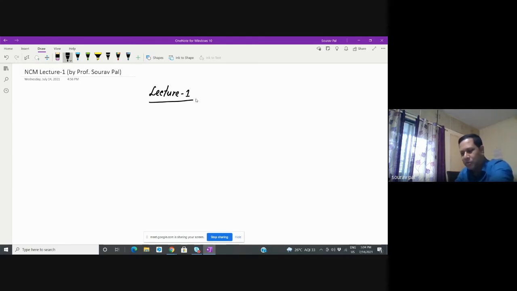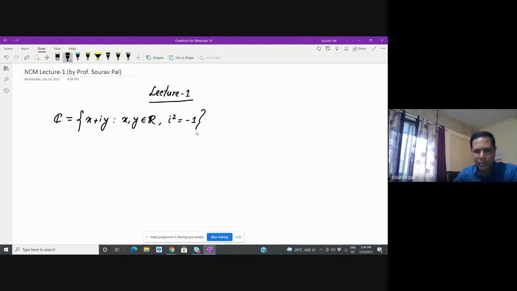Anyway, I would like to begin with basic stuff of points and topology so that we understand things. What are complex numbers? Since we are mathematicians, we have all seen this set. It is nothing but a collection of points x plus iy, where we all know x, y come from the real line, and this i is such a number that we have i square equal to -1.